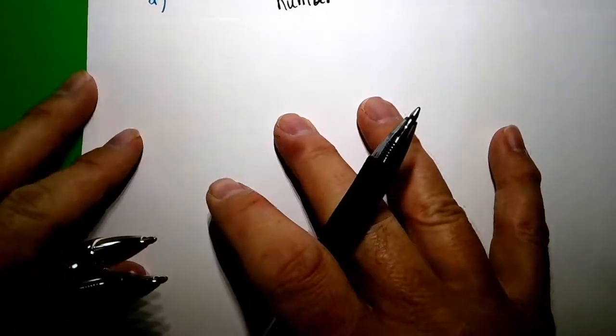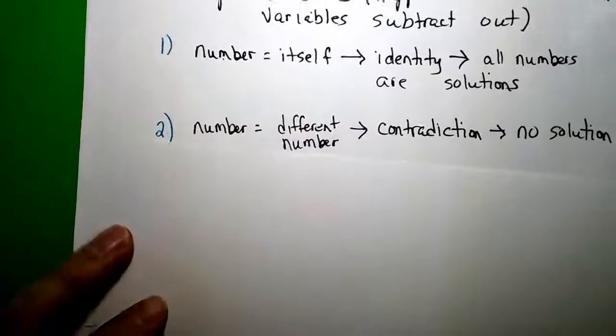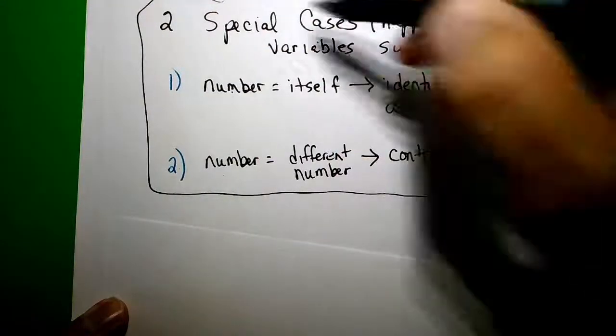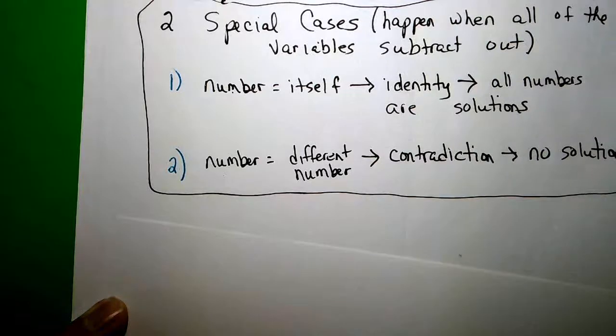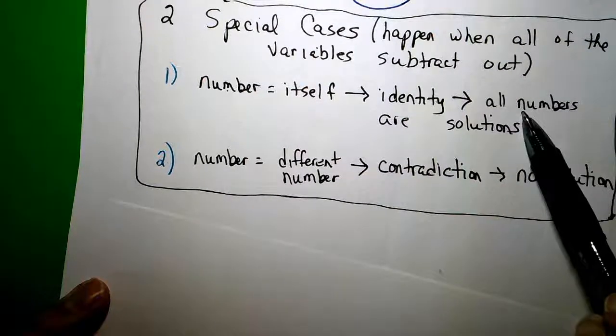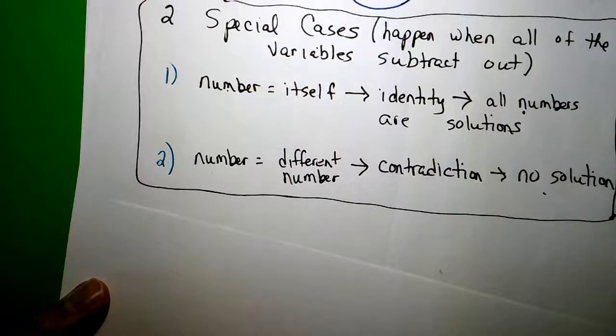So let's do example number 9. These are the two special cases. Identity or contradiction. All numbers are solutions or no numbers are solutions.